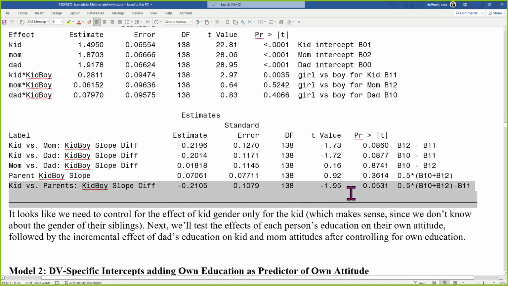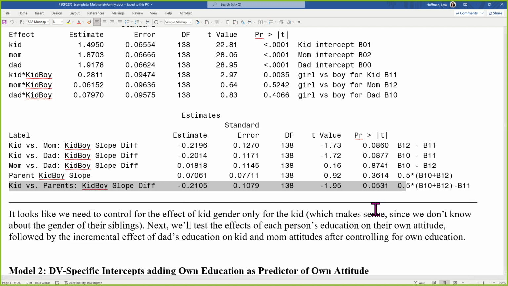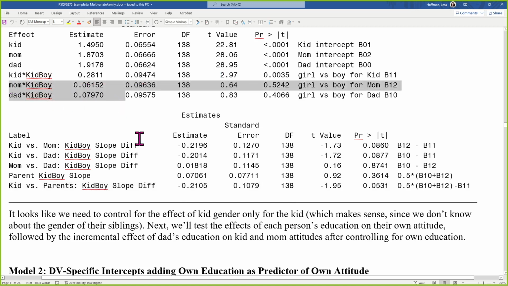It does look like there's a marginal difference between them if you lump together the 2 slopes for the parents and contrast that with the slope for the kid. So those were the extra estimate statements that I had divided by 2 so that I could create the average slope for the parents and compare it to the kid. And this sort of illustrates the idea of multivariate models as a way to save power. Like if I found that these 2 numbers aren't different, I could put in 1 parameter instead.